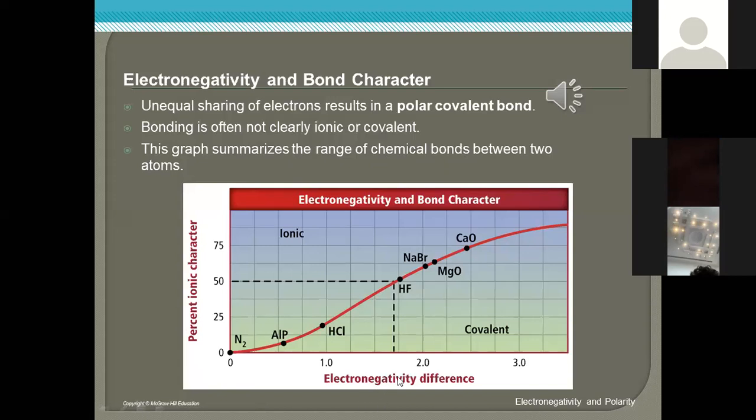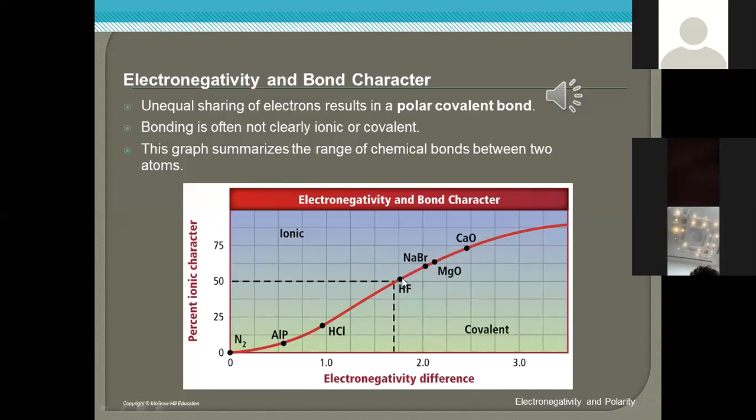Okay, the electronegativity difference. This line is percent ionic character, and this line is electronegativity difference. N2, small. AlB, more large. HCl, more. HF, larger.